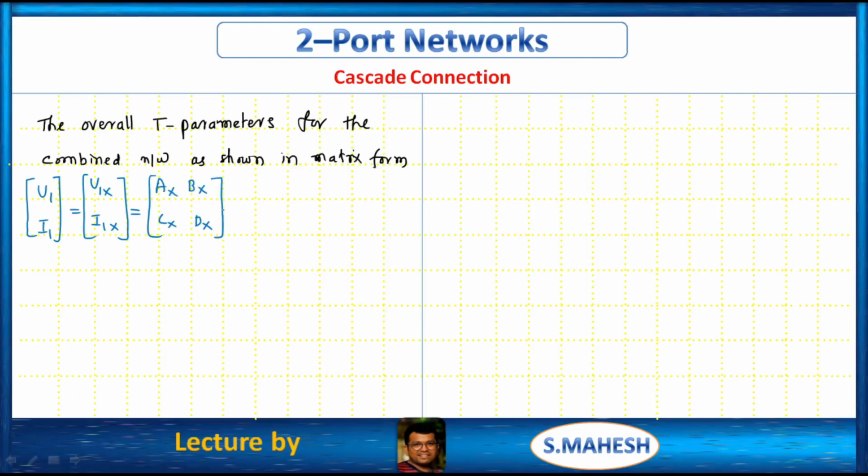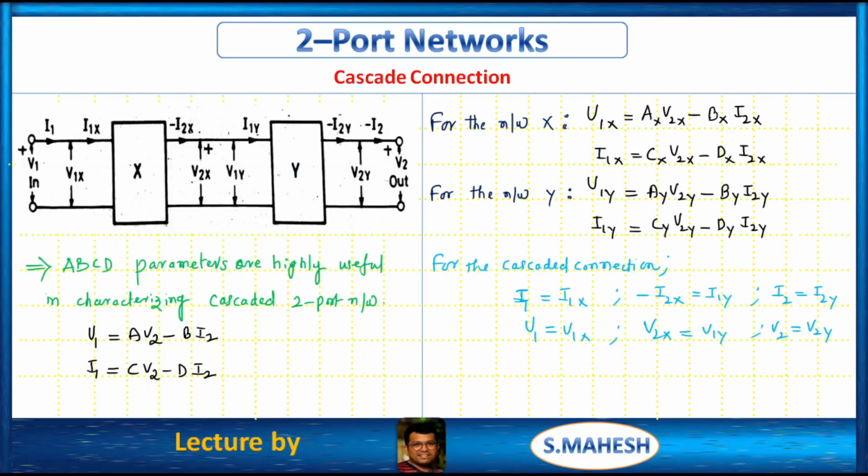Then the output of the first network is V2X and I2X. Here V1 is for X, and the output is V2X.